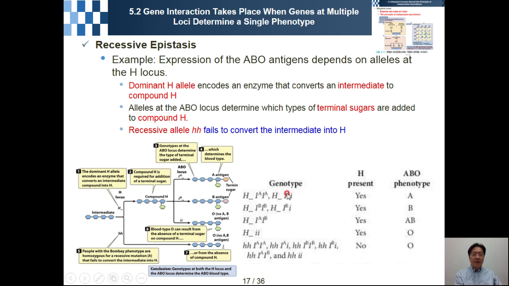Large H and also a large IB and small i, their ABO phenotype is B. But if there is the recessive allele small hh, it fails to convert the intermediate to compound H, so the terminal sugar cannot be added at the end. So in these cases, the ABO phenotype will be O, even though they have the IA genotype. Their ABO phenotype will be O.